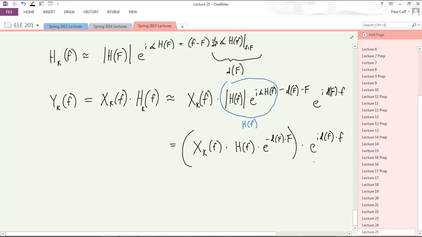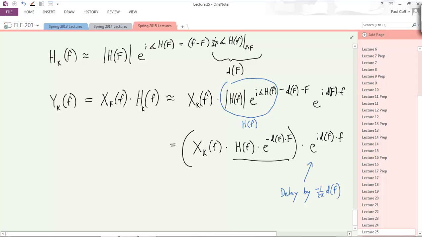So now what can we identify? You basically just multiply the magnitude of x by this constant number. But we know that when you multiply by a complex exponential, that's a delay. Delay by what? By negative 1 over 2 pi d of f.